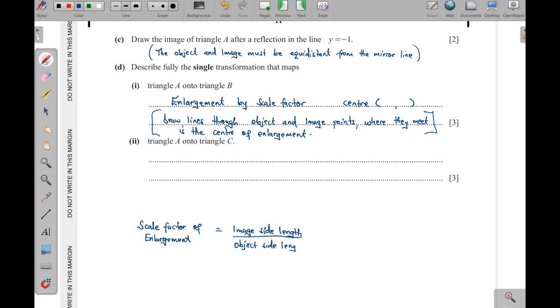So what did they multiply a side with to give you the side of the image? Or you can say image distance from the center of enlargement, then divide by the object distance from the center of enlargement. So let's go and draw these lines here.